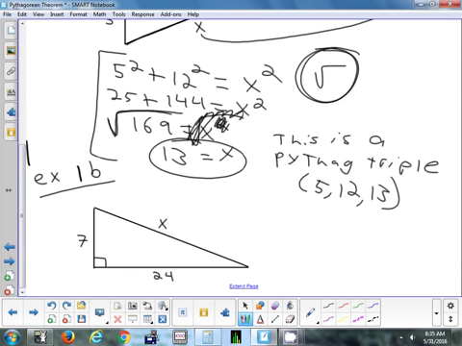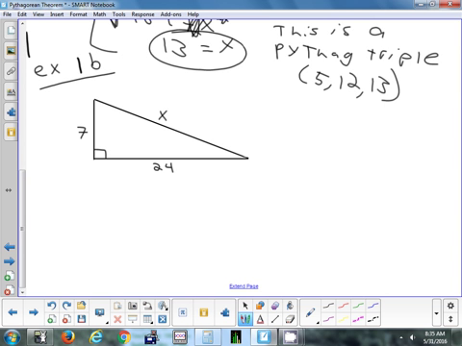Okay. All right, let's try this one. This time, anybody think they can tell me what my equation is going to be? What squared plus what squared is going to equal what squared?